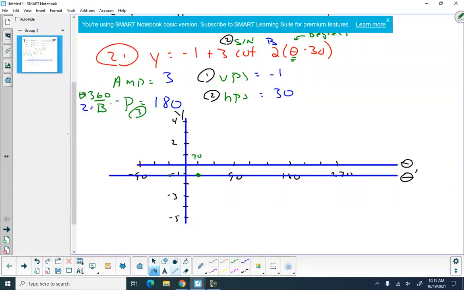Third thing, we take a look at the period. That will tell us a degree measure where we'll be back at the exact same spot. So if we're at 30 on the prime axis, what's our degree measure for where we'll be on the prime axis again?